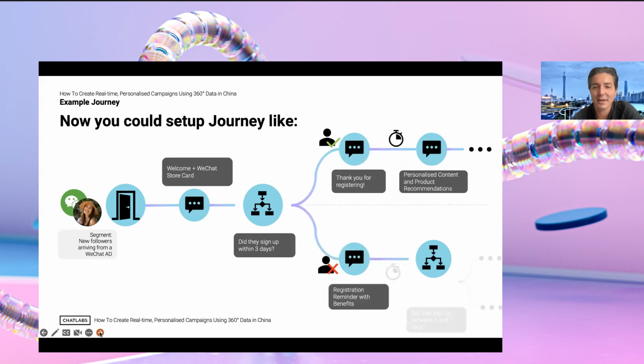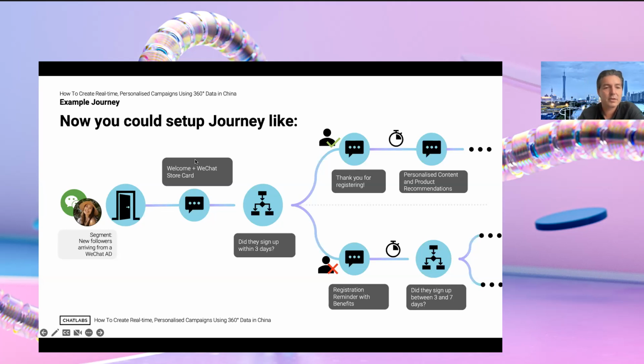We can start building up journeys that are a bit more sophisticated, rather than just the standard broadcast that we used to be able to support. So we already supported personalized broadcasts, but now we can really orchestrate the journey across the different touch points. So they might start with an ad on WeChat. You might then send them to a mini program. We might track whether or not they registered on that mini program.